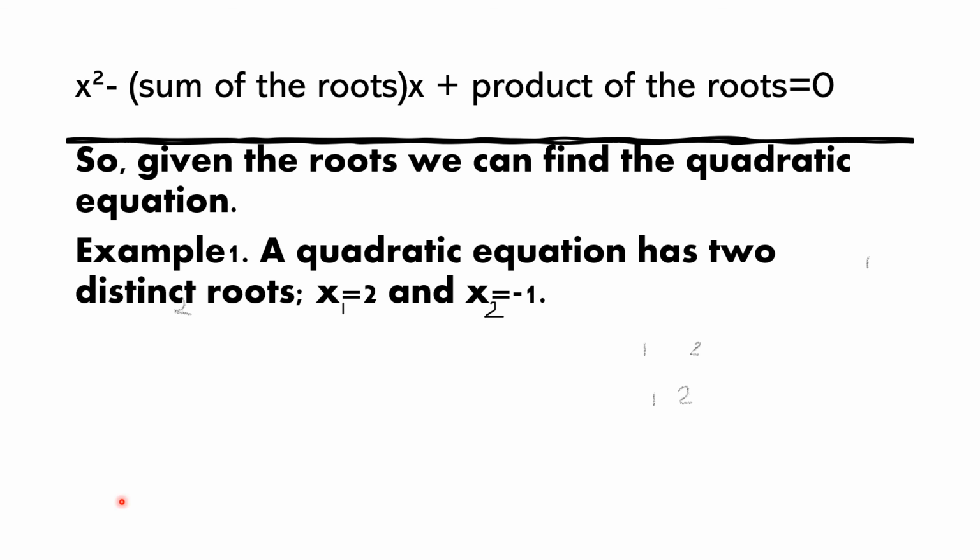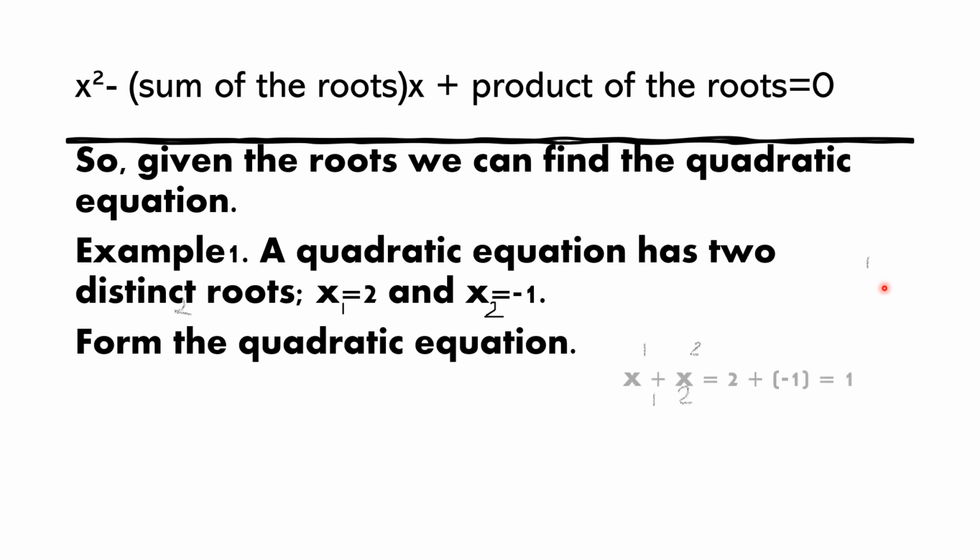Susundin lang natin ngayon yung pattern dyan. Okay? So, ngayon, kailangan makuha muna natin yung sum of the roots and product of the roots. So, yung sum of the roots, simply add lang natin tong dalawa. Kasi given na yung roots. 2 plus negative 1, that is 1. How about the product of the roots? Simply multiply lang natin yung dalawang value ng x, that is 2 times negative 1 is equal to negative 2.